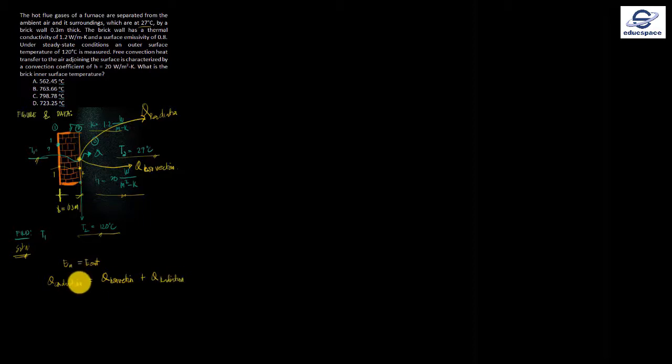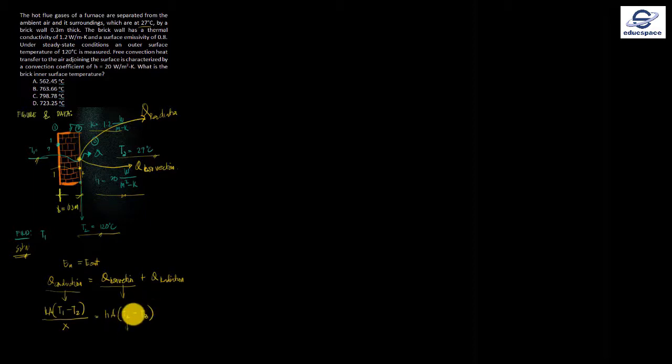The formula for conduction, following Fourier's law, is k A (T1 minus T2). Actually this one is negative, but since we first put the higher temperature on this side, we can write it as positive, over the thickness. This is equivalent to heat transfer by convection, given by hA multiplied by (T2 minus T3).